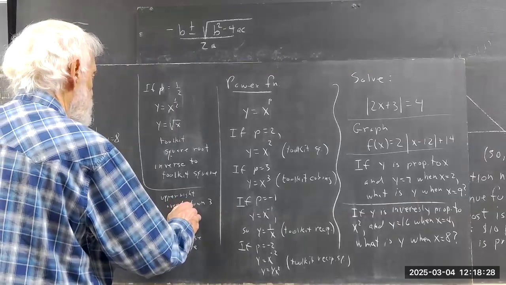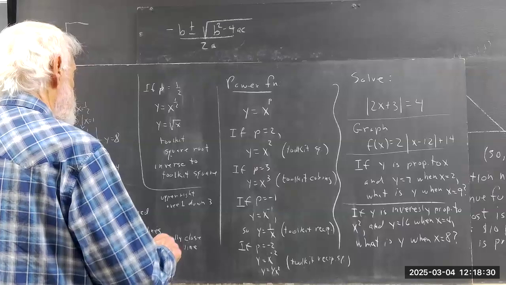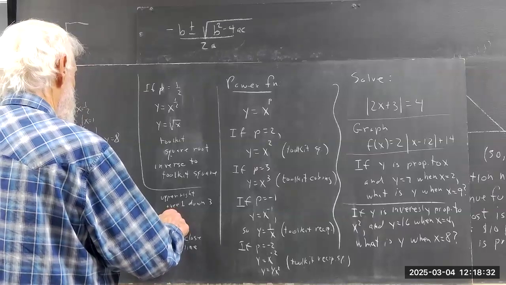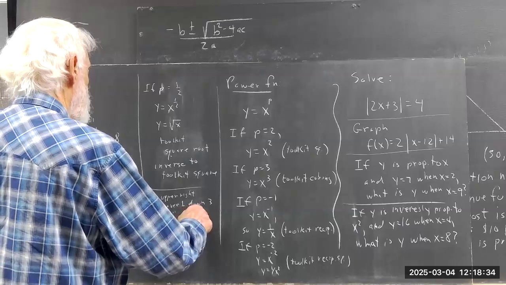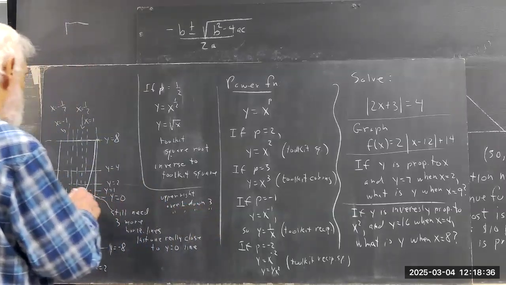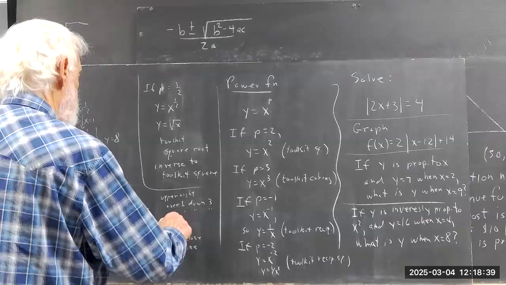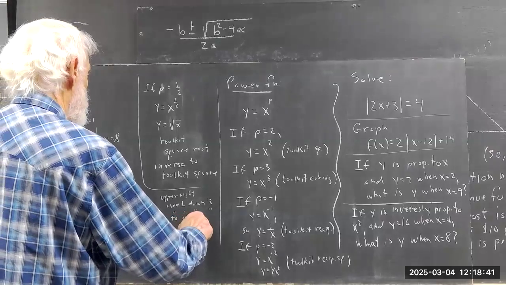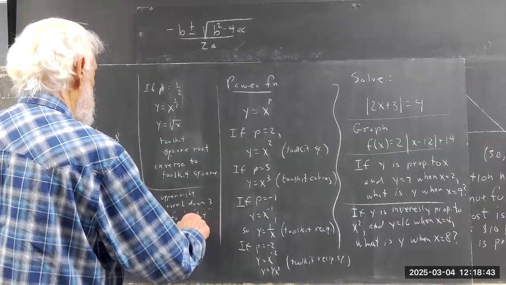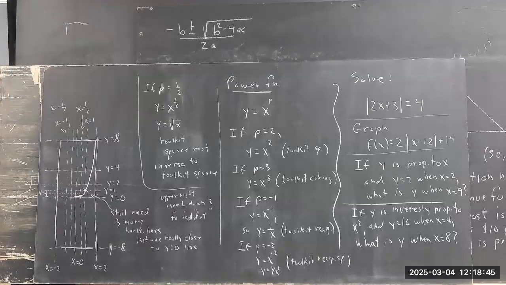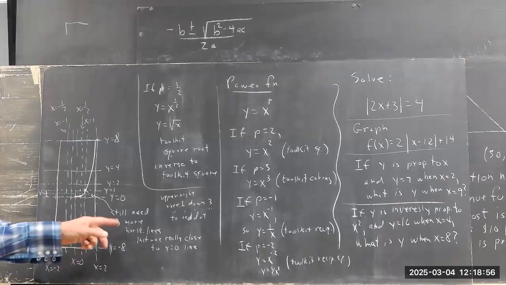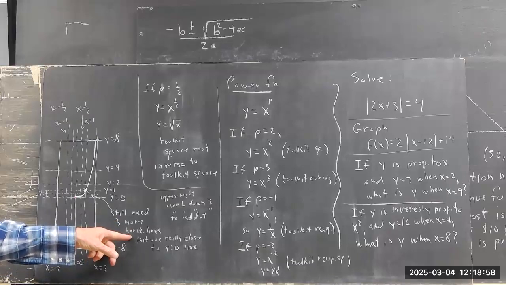So it's over 1, down 3. And then over 1, down 3. And then red dot. I'm going to put it that way. I could actually say that you need 4 more horizontal lines.